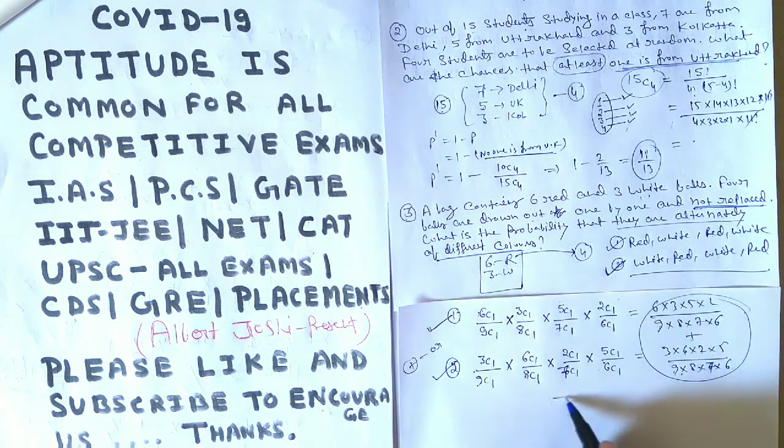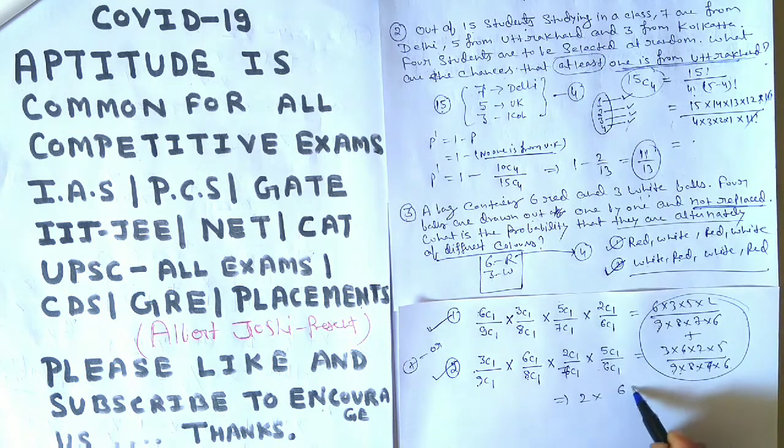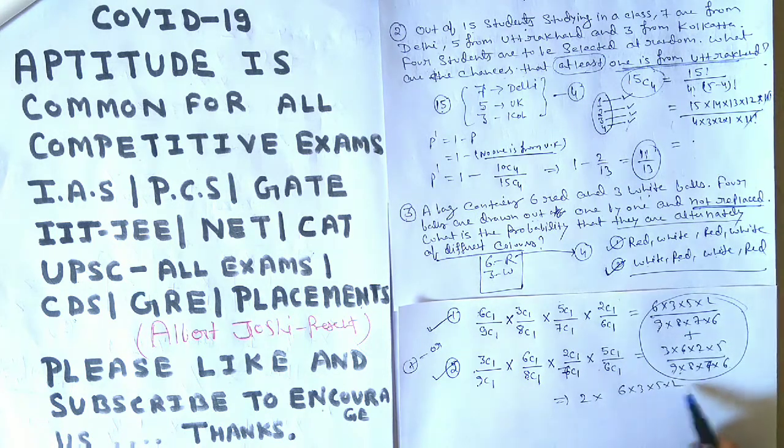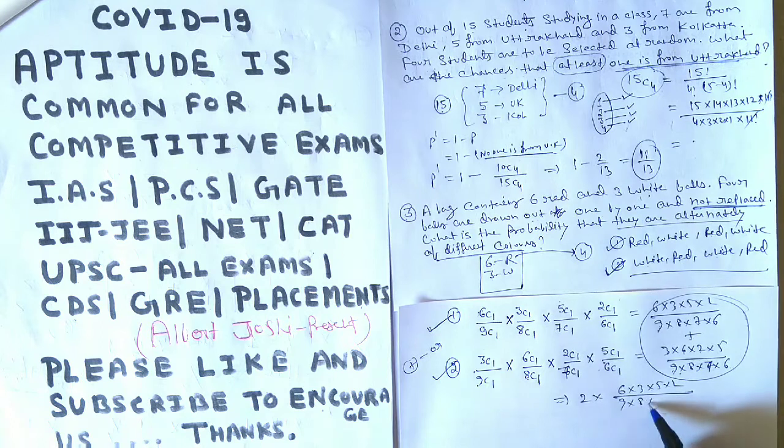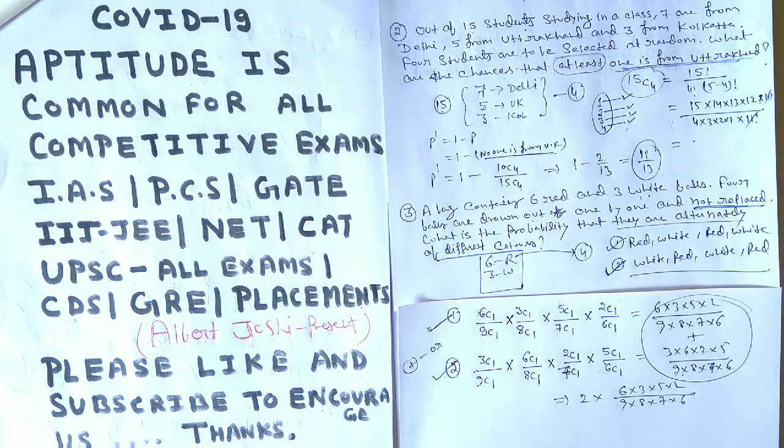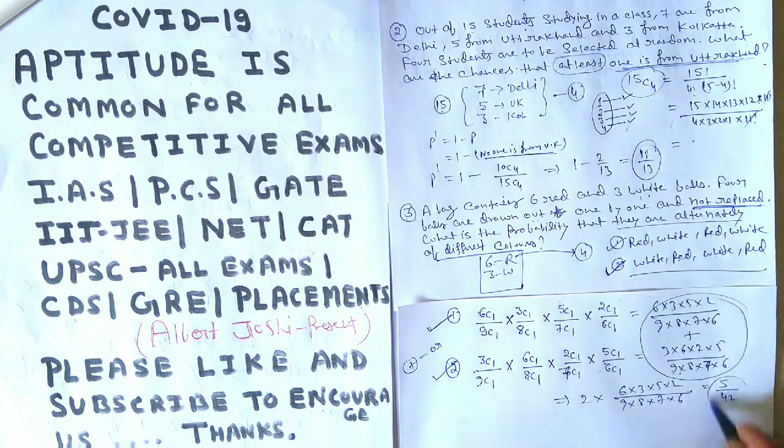Both are same. It means this answer is 2 into 6 into 3 into 5 into 2 upon 9 into 8 into 7 into 6. If you add it, then your answer will be 5 upon 42. This is your answer. Okay.